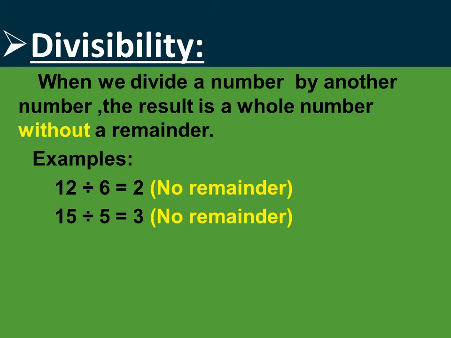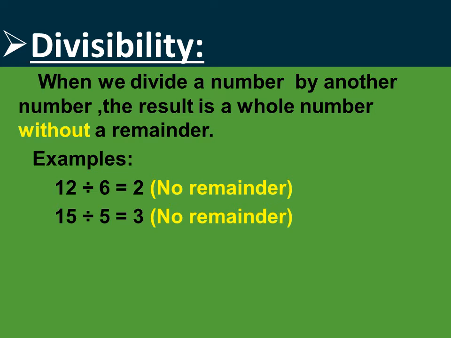Dear students, when we divide 12 by 6, what will happen? 6 ones are 6, 6 twos are 12. When we divide 12 by 6, we get our quotient 2 with no remainder. Similarly, when we divide 15 by 5, 5 ones are 5, 5 twos are 10, 5 threes are 15.